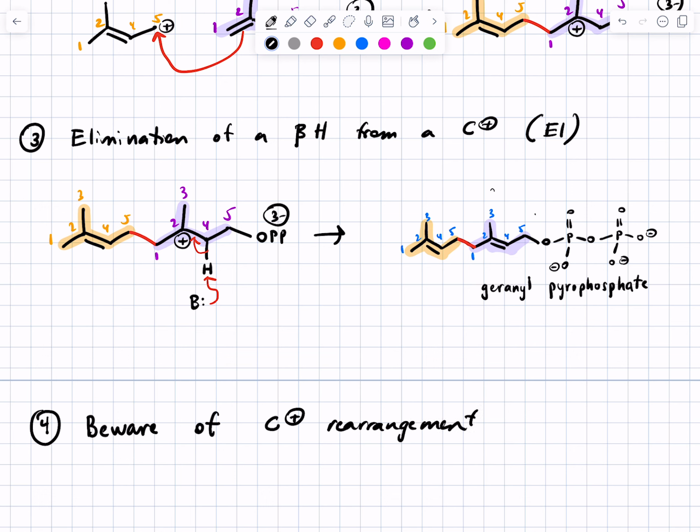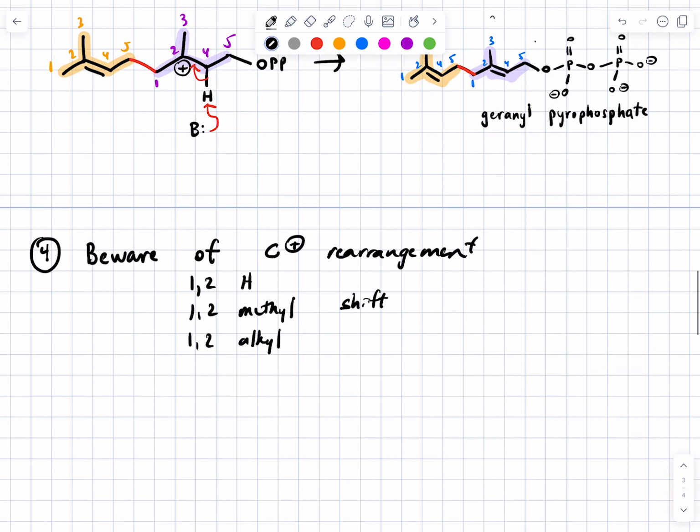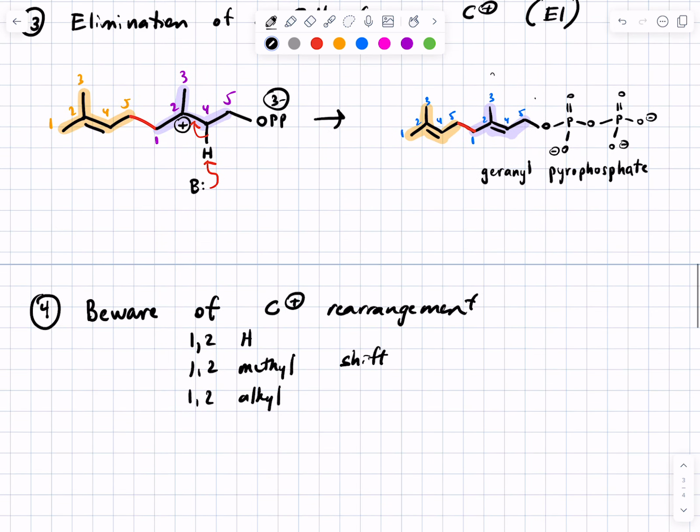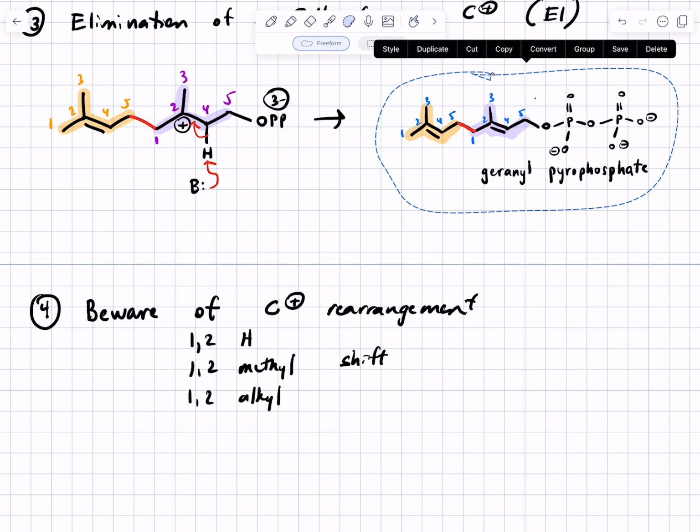Sometimes 1,2 hydride or 1,2 methyl or 1,2 alkyl shifts are necessary to get the right connectivity in the end. So let's do this with some of the terpenes. We're going to get started. We will hopefully get to limonene. We will probably need to do alpha pinene next time, but this will be enough to get going. So your precursor for limonene is geranyl pyrophosphate.